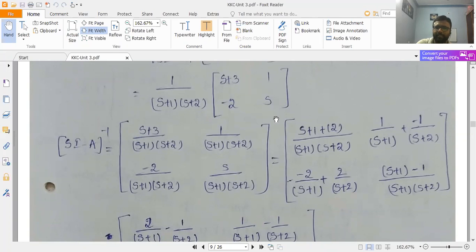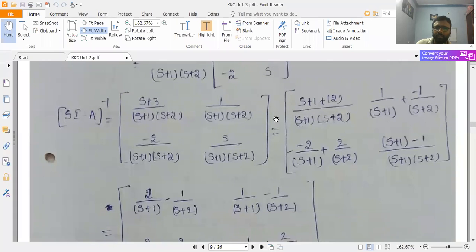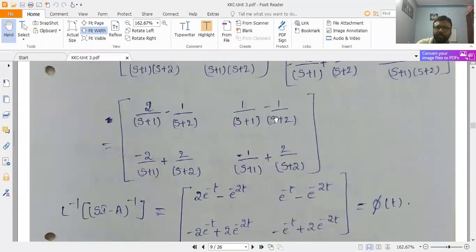After certain calculations, we are going to get 2 divided by S plus 1 minus 1 divided by S plus 2, then 1 divided by S plus 1 minus 1 divided by S plus 2, then minus 2 divided by S plus 1 plus 2 divided by S plus 2, and minus 1 divided by S plus 1 plus 2 divided by S plus 2. This is the inverse matrix we have obtained.